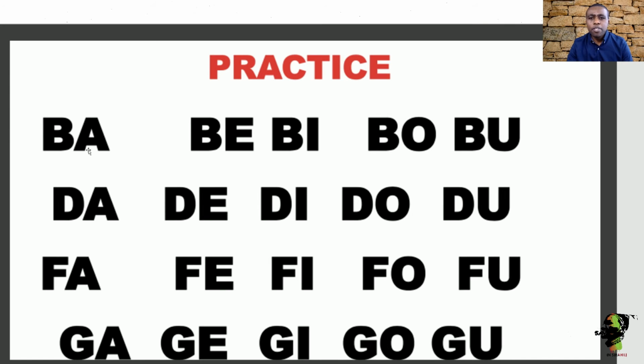And how do you pronounce that in Kiswahili? Ba. So let's practice all these syllables in Kiswahili. Ba, be, bi, bo, bu. Give it a try. Ba, be, bi, bo, bu.